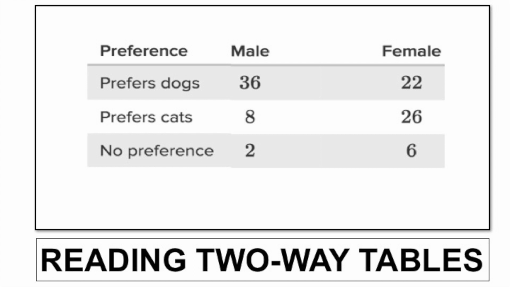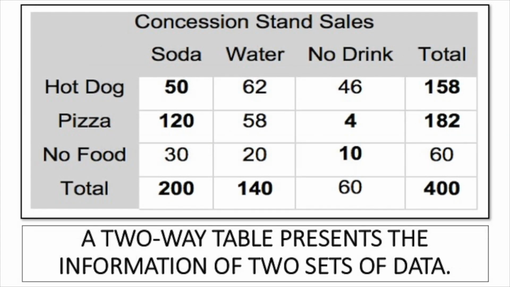That's what we mean by 2 different ways. A two-way table presents the information of 2 sets of data. That's the good thing about a two-way table. We can do 2 sets of data at the same time. So instead of having to do 2 separate tables, have the 2 sets of information in just 1 table.